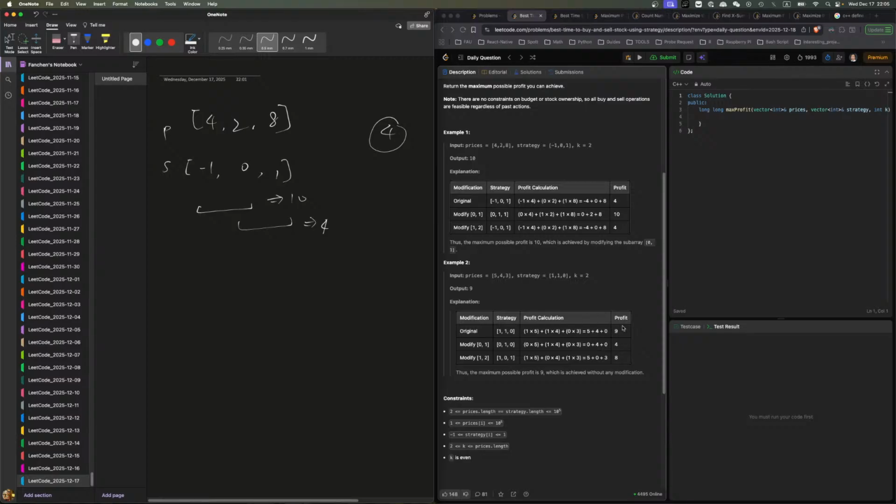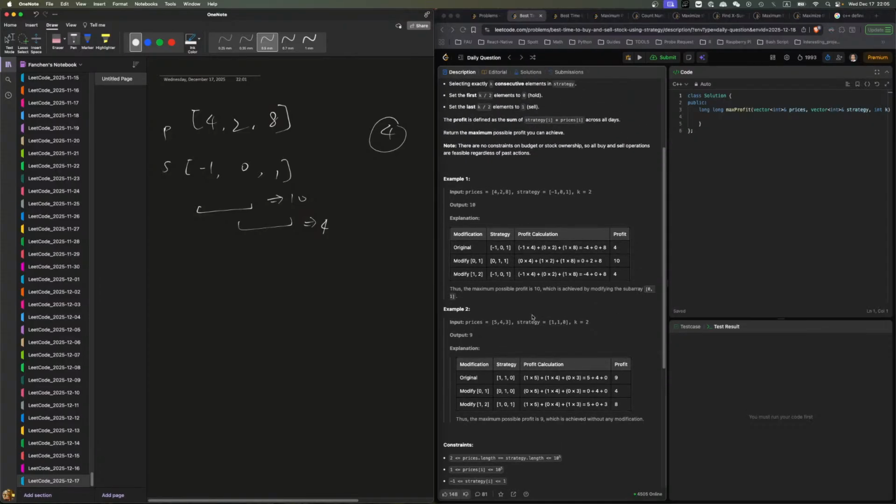Okay, so yeah, it's a sliding window. We go through the first one, so we get the profit. And then with the sliding window, we will have half of it.